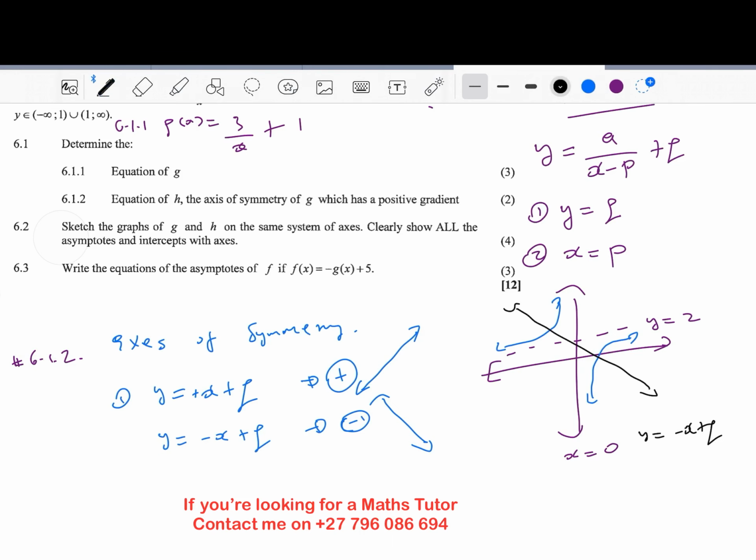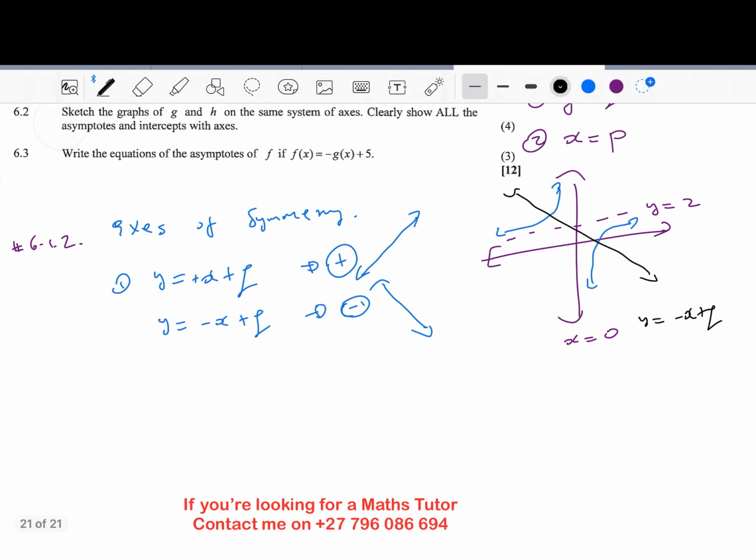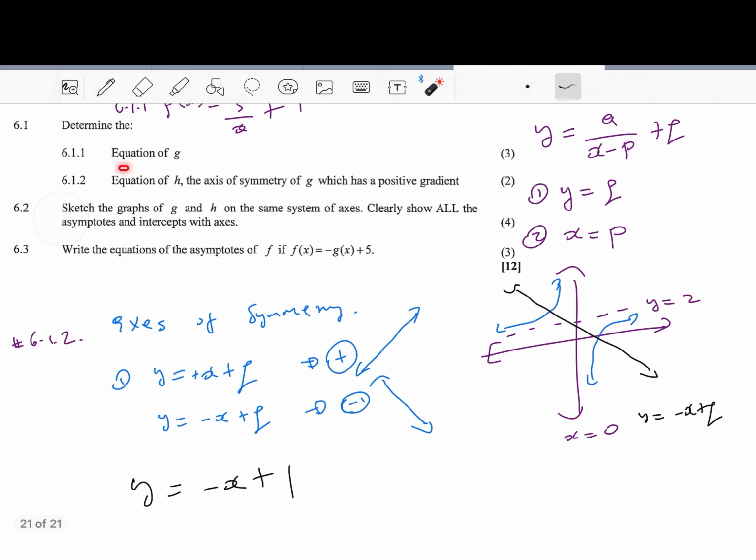Actually, this question is easy. In this case, we already know what q is. Our q is 1, so we just substitute that 1 in the equation. So you have y is equal to negative x plus 1. And remember, what is the question again? Determine the equation of h, the axis of symmetry of g, which has a positive gradient.